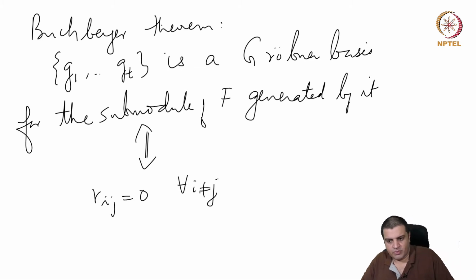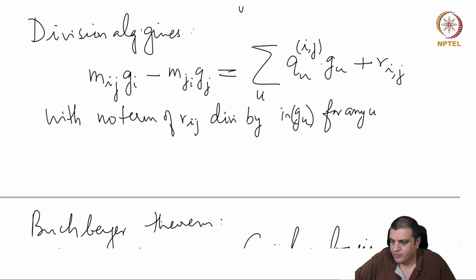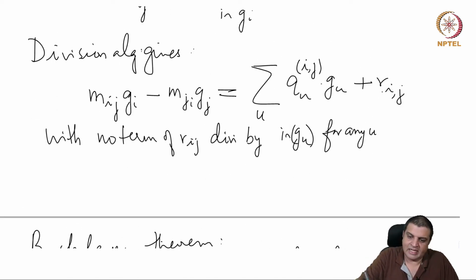We compute this, and it becomes a Grobner basis exactly when this remainder is 0. If the remainder is non-zero, then we add that also to the set G, and then we redo all the calculation once more, check if there are any leftover remainders, and then we add, and so on.